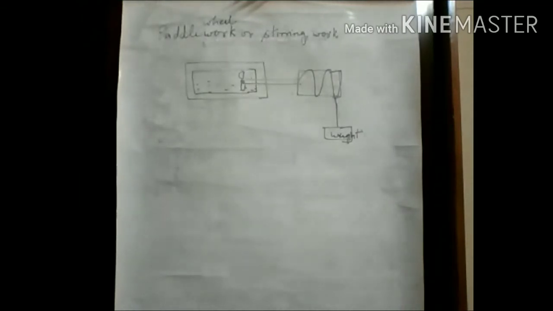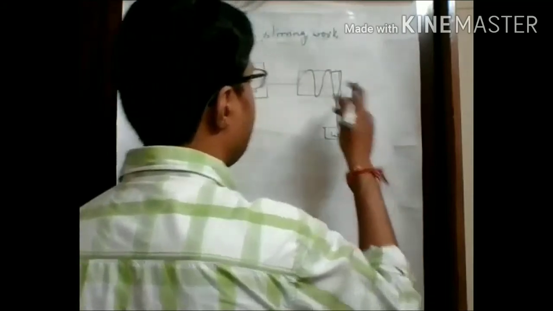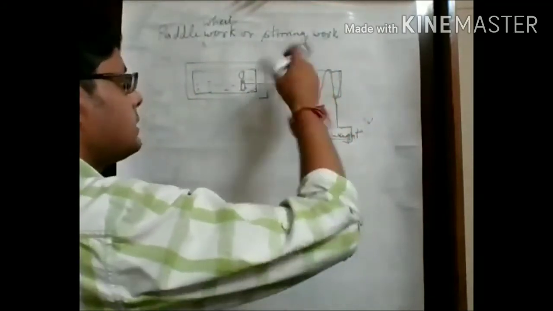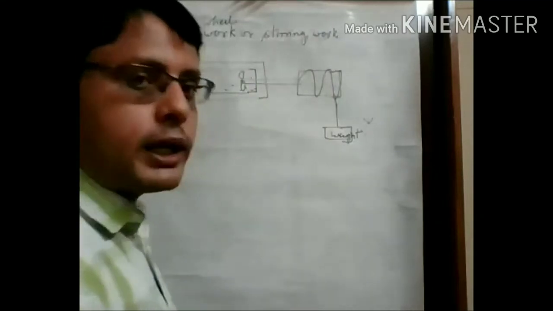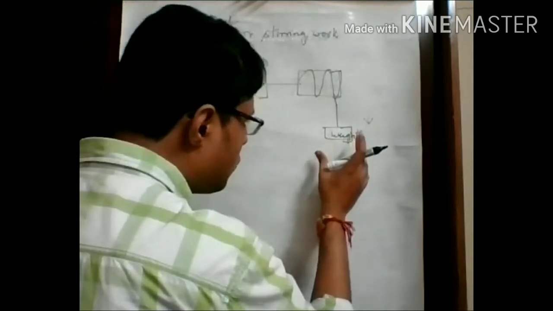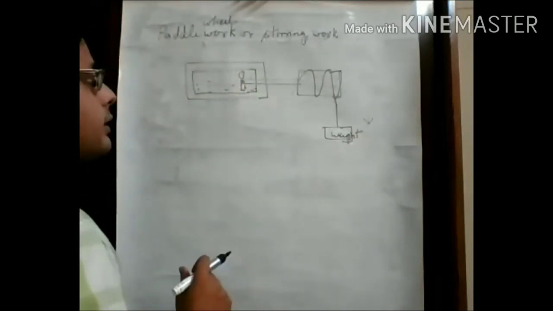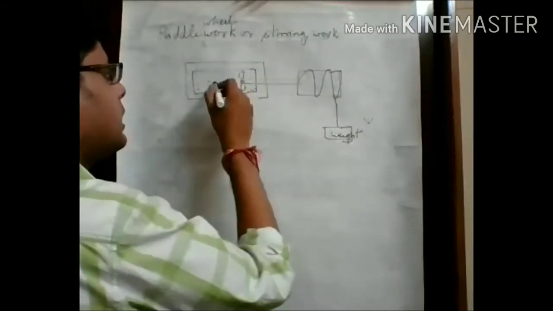What is happening in this case: the weight is moving in the downward direction, and that's why this spindle is rotating inside the fluid. So we can say that due to the downward motion of this weight, this spindle is working inside the fluid.